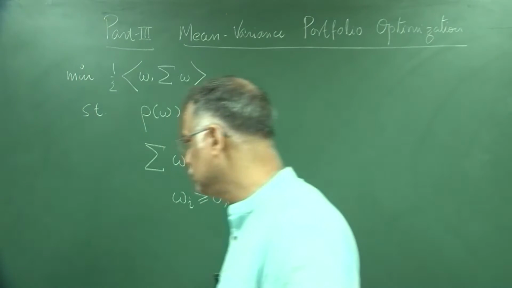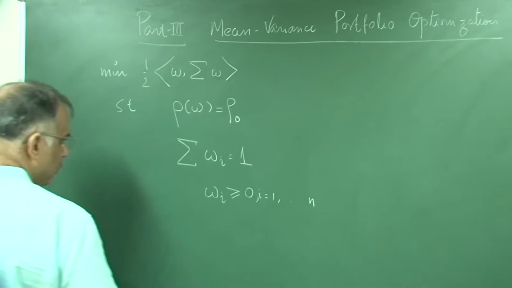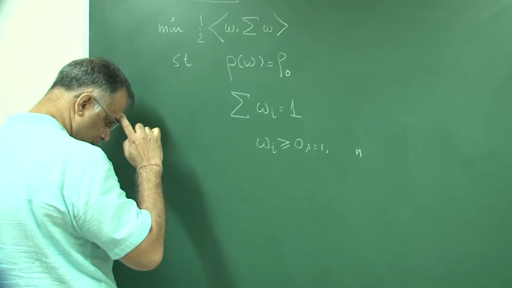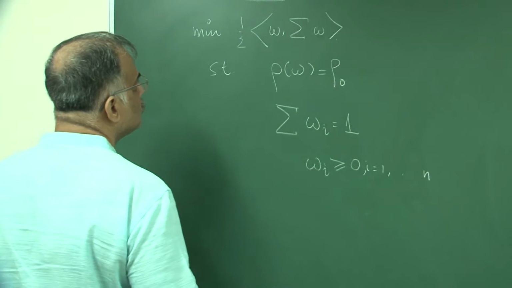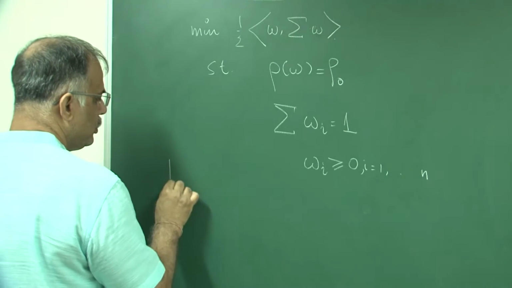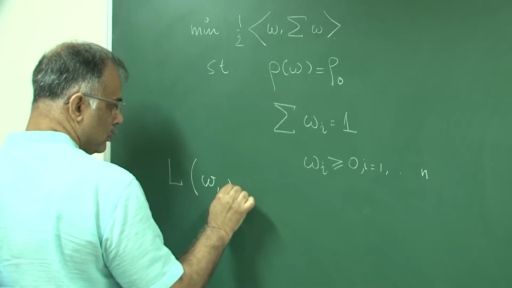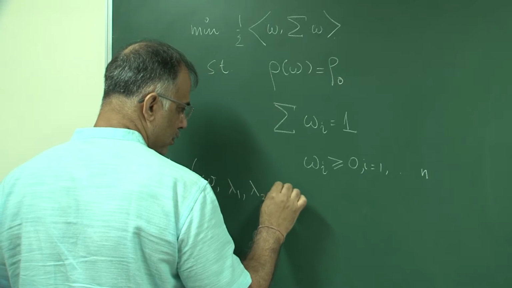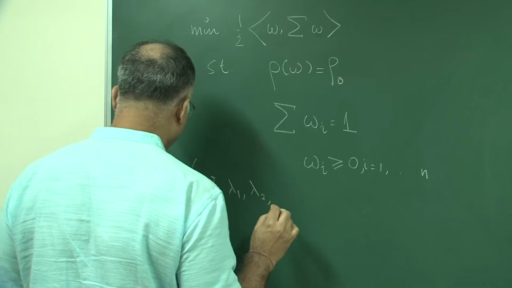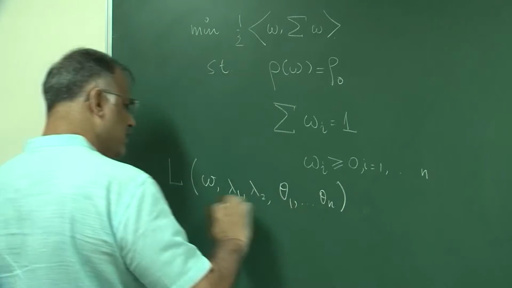And in this case, writing the optimality condition is slightly non-trivial, because your Lagrangian would now have these Lagrangian parameters, and also would have a parameter which for the moment let me write as theta 1 to theta n.